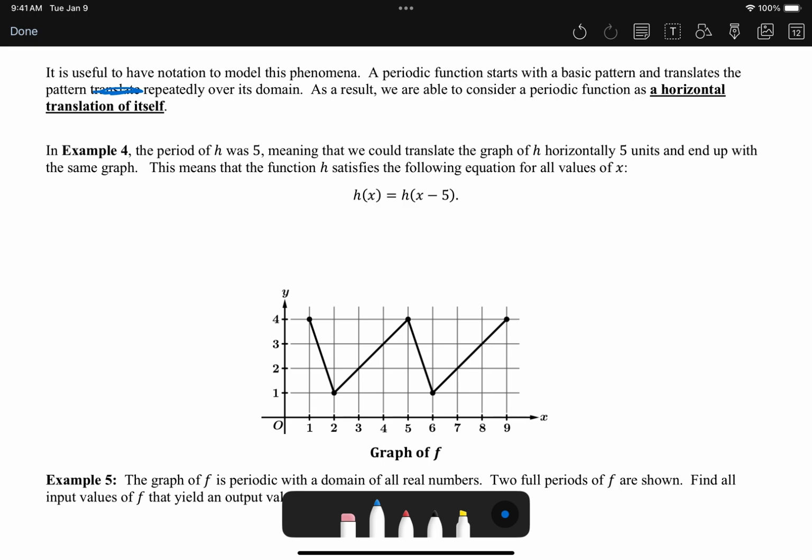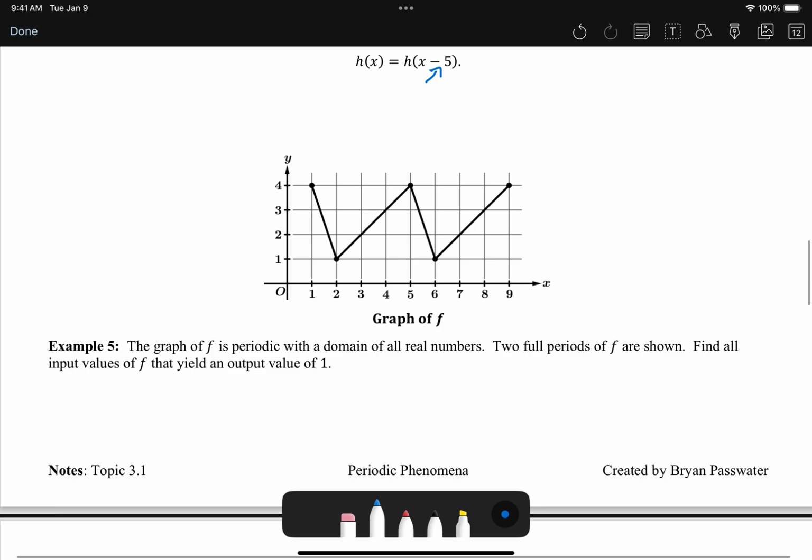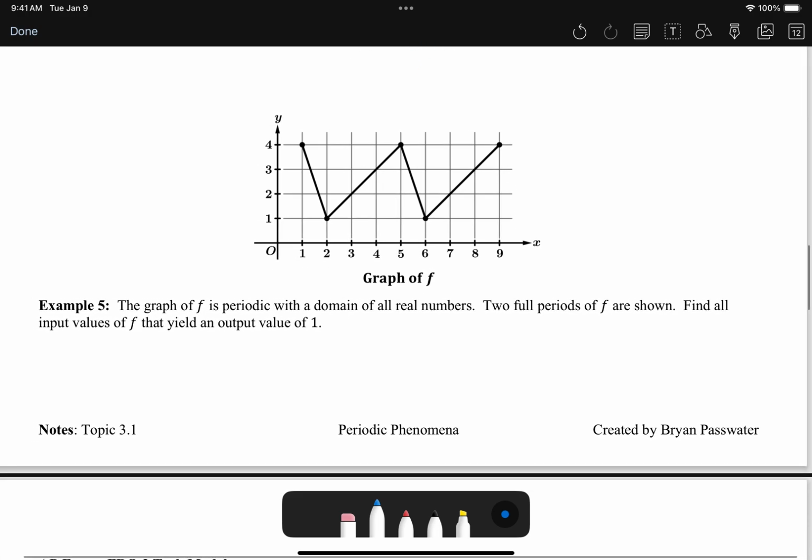With a period of 5, we can translate h right 5 units every time, and it has the same graph. So notice, looking at graph F there, that graph would just complete itself over and over every 5 units. So the graph of F is periodic with a domain of all real numbers. 2 full periods are shown.